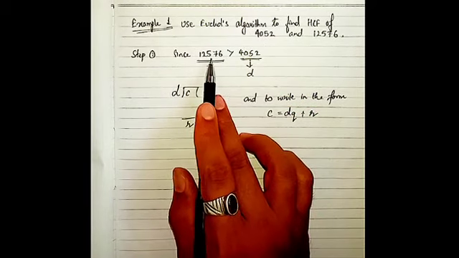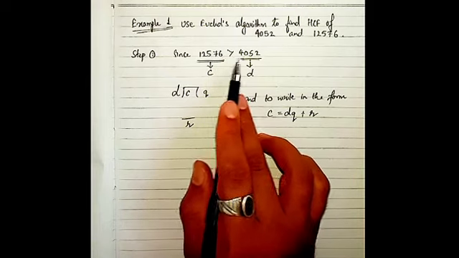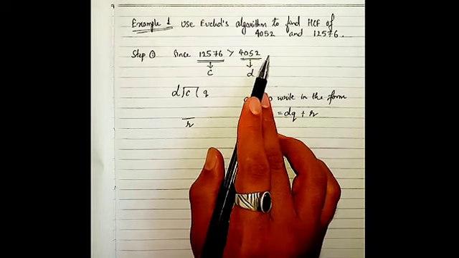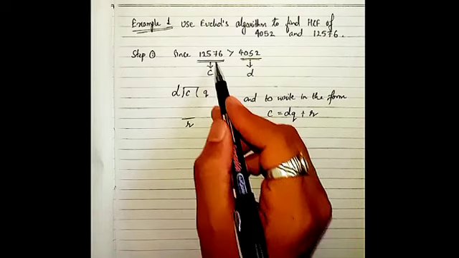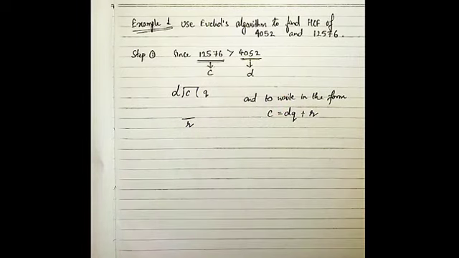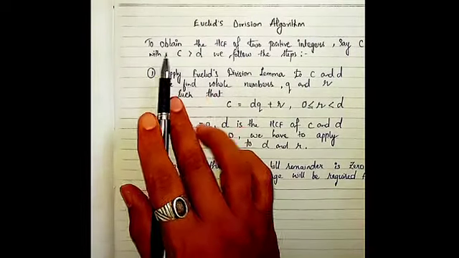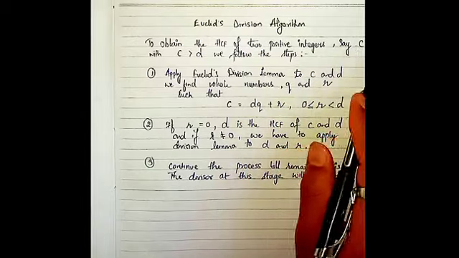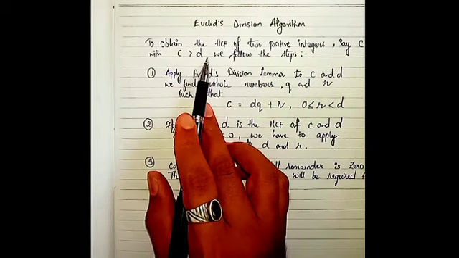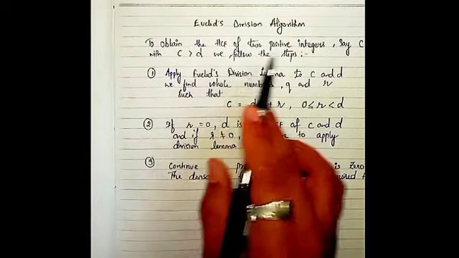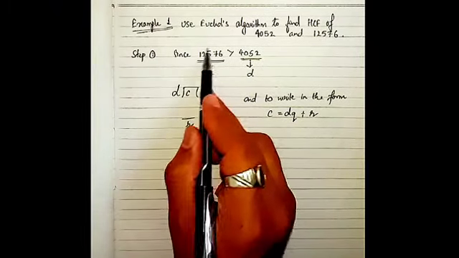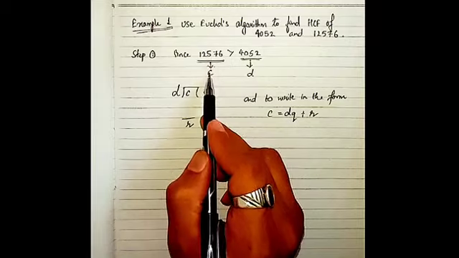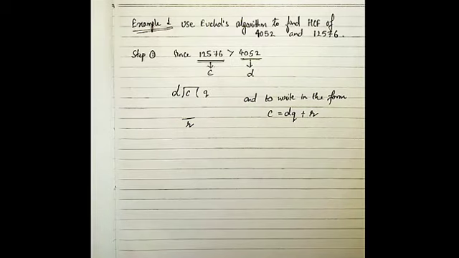So 12,576 is greater than 4052. So I will denote this number as C and this number as D, as stated in our first step: to obtain the HCF of two positive integers C and D with C greater than D, we will follow the steps. So I will give this greater value as C.